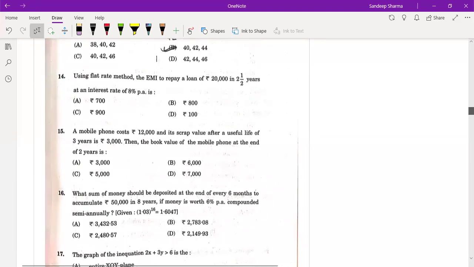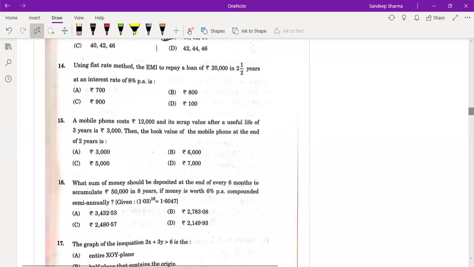Let us move to the next question. Question number 14. Using the flat rate method, the EMI to repay a loan of 20,000 in 2.5 years at the interest rate of 8% per annum. See, flat rate method is there. So first we will calculate how much amount he needs to pay. 20,000 multiplied by 2.5, that is 5 by 2, multiplied by rate of interest 8 by 100.